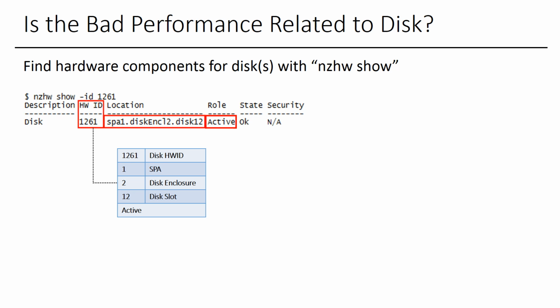Here hardware ID 1261 is an active disk that is located physically at SPA1, disk enclosure 2, disk slot 12. You can include the detail option for more information such as serial number, hardware version, and more details.